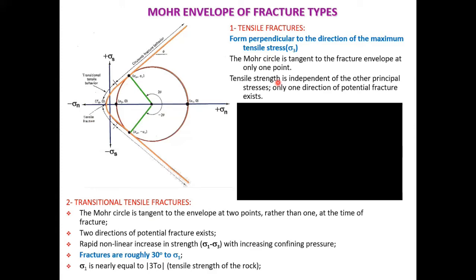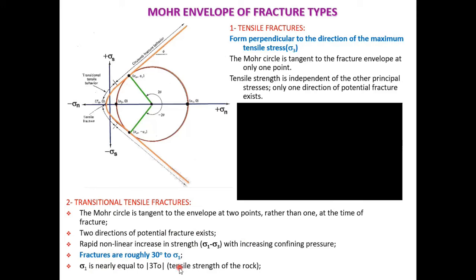We can estimate the direction of principal stresses and the formation stages. So for these transitional tensile fractures, when you plot them on a Mohr circle, the Mohr circle will be tangent to the envelope at 2 points rather than 1 at the time of fracture.